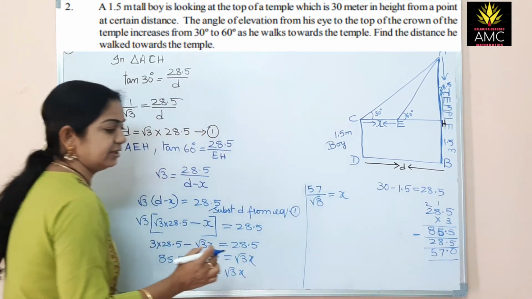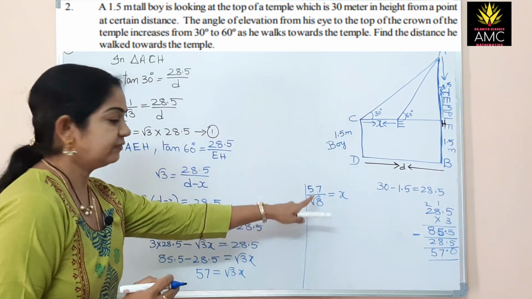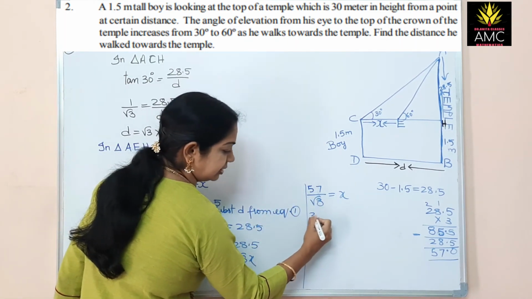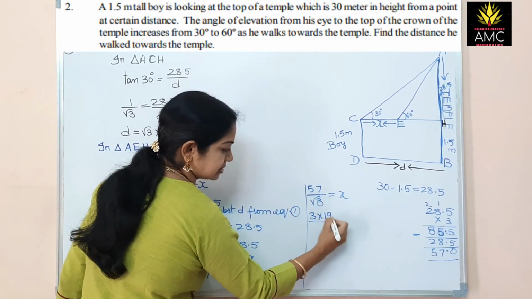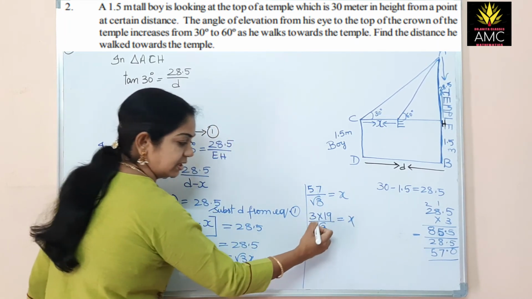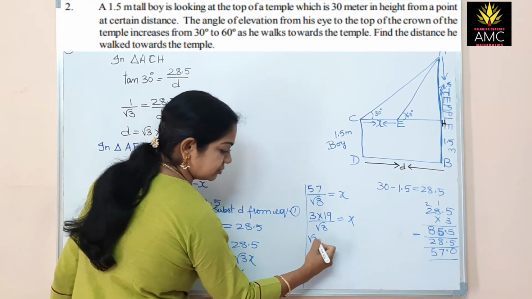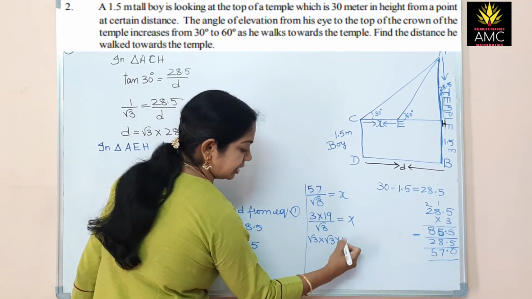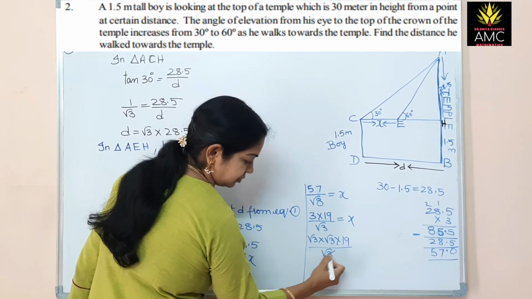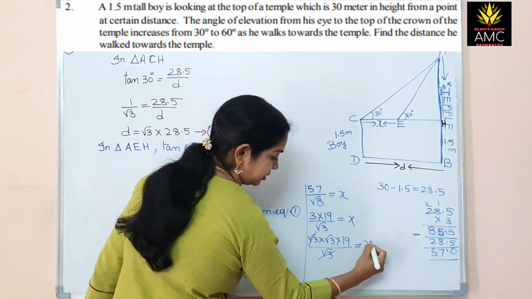Now to cancel off root 3, 57 in the multiple of 3 we can write 3 into 19, so 57 by root 3. So that I can cancel off root 3. Now 3 again I can write as root 3 into root 3 into 19 by again root 3. So one root 3 gets cancelled, that is equal to x.